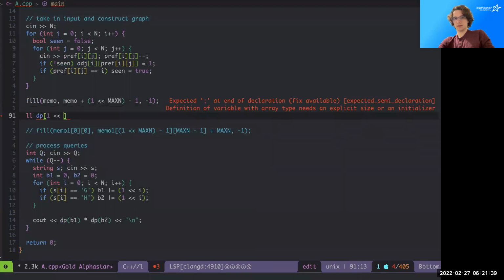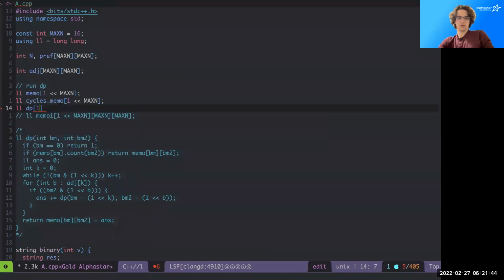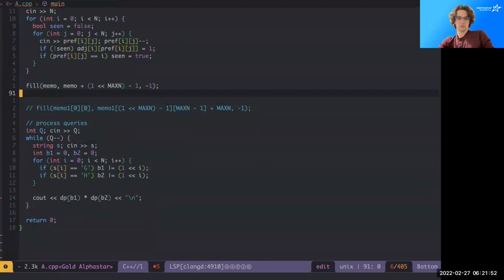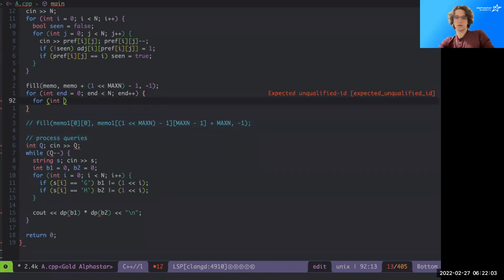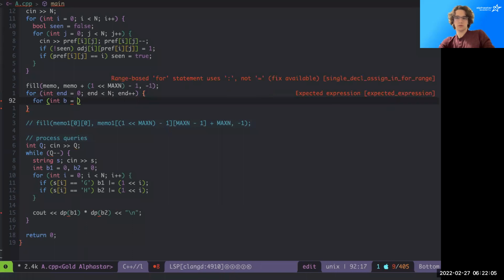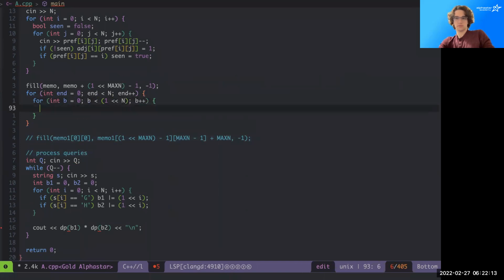We're going to fix endpoint. We didn't want the endpoint to be included.